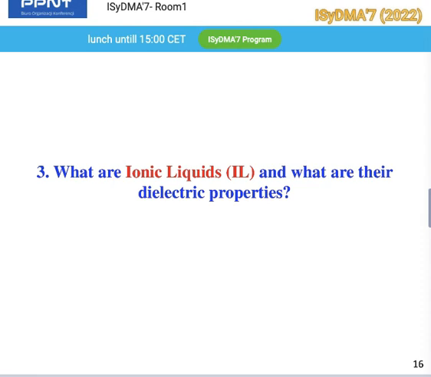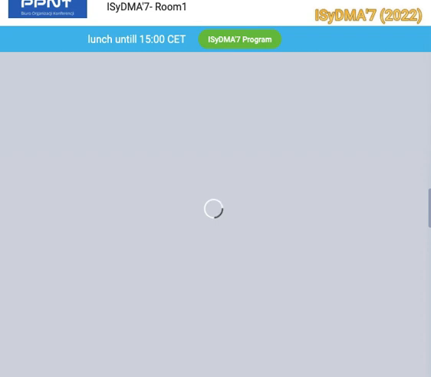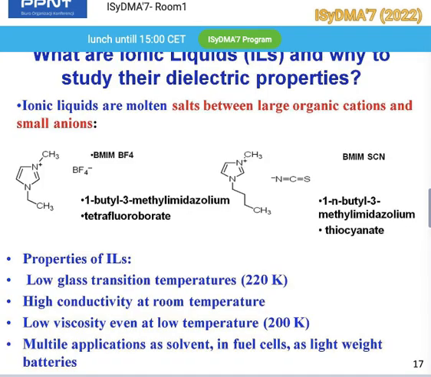What are ionic liquids and why are they of special interest? Ionic liquids are salts between a large organic cation and a small anion. This imbalance in the structure means that these materials form glasses, and they typically have a very low glass transition temperature.